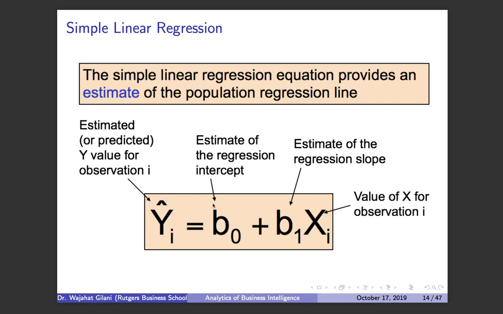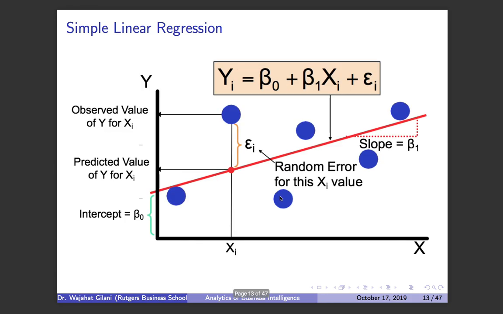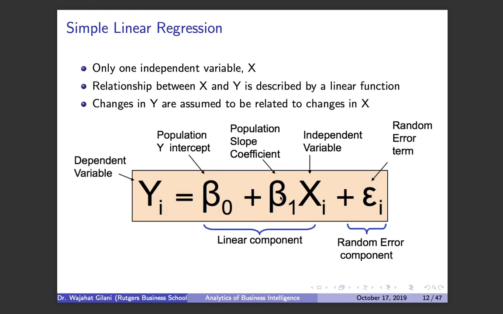This is the estimate of the regression intercept and the estimate of the regression slope, and then obviously the value of the xi. Now, why are they using the term estimate as opposed to the term population, right?